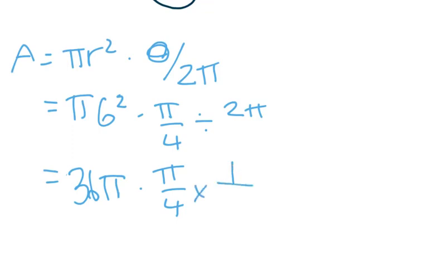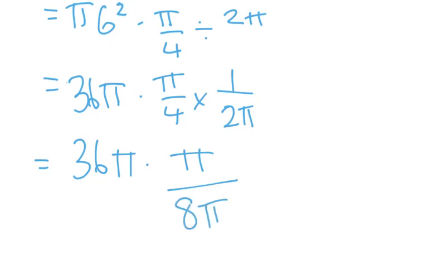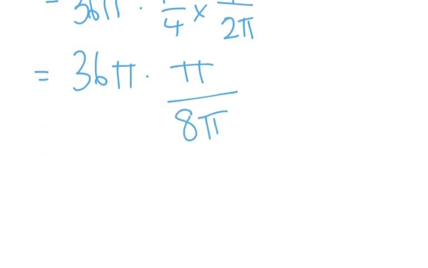Since we're dividing by a fraction, we're going to do this. So 36 pi times pi by 8 pi, and then we can divide out the pi's here, because we have one on the top, one on the bottom, and we'll put 8 over there.